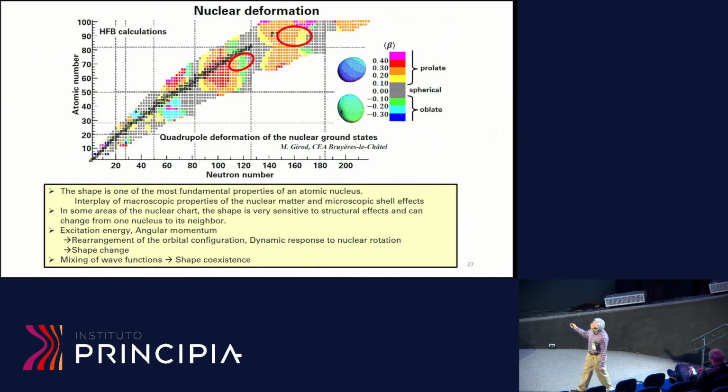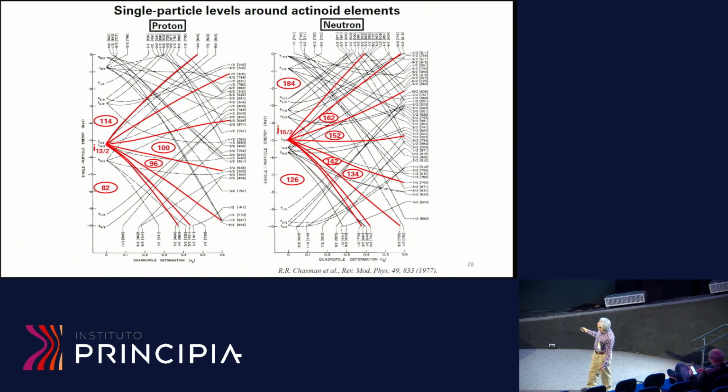However, this is also another region of nuclear deformation. Deformation is an important nuclear aspect, and such nuclear deformation drastically changes the single-particle levels for the protons and neutrons, as shown in this figure, and it causes deformed magic numbers at neutron number 152 and 162.